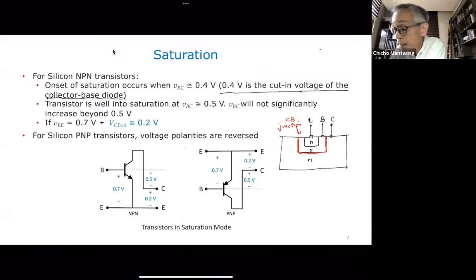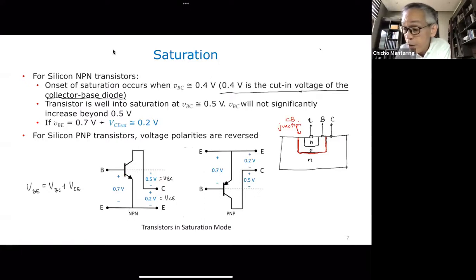So let's take a look at how that is distributed. This is VBE. Okay. This is VBC. And this is VCE. So note that VBE is equal to VBC plus VCE. This is by simple KVL.